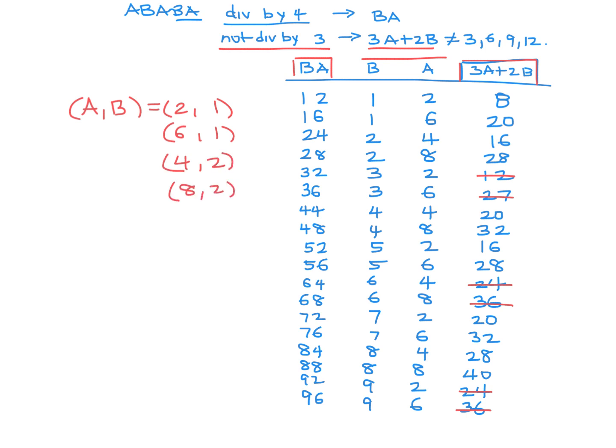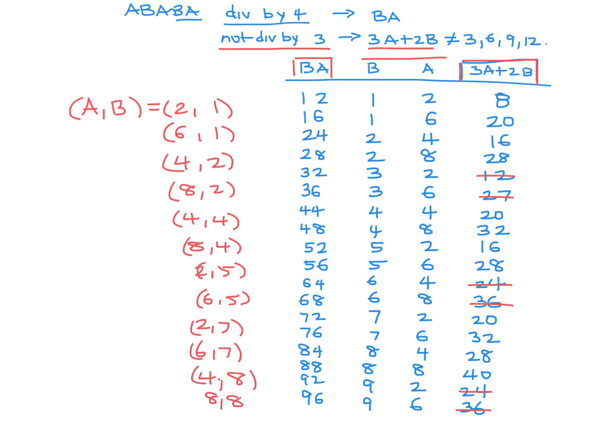And then what else qualifies? 4, 4, 8, 4, 2, 5, 6, 5. And then the last ones are 2, 7, 6, 7, 4, 8, and 8, 8. So these are the ones that qualify, and I believe that's 12. So 12 is the answer to this question.